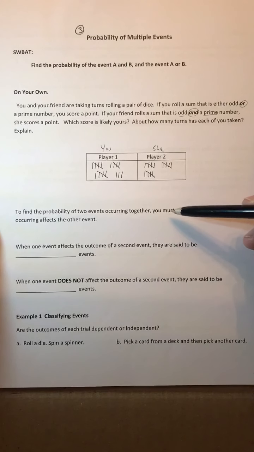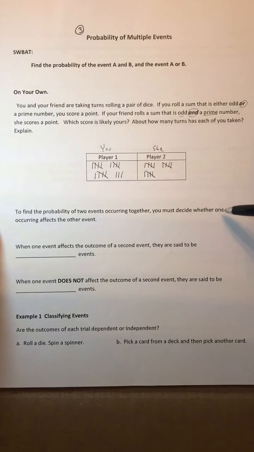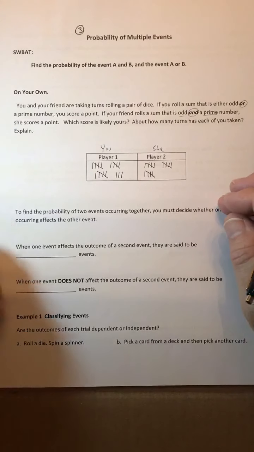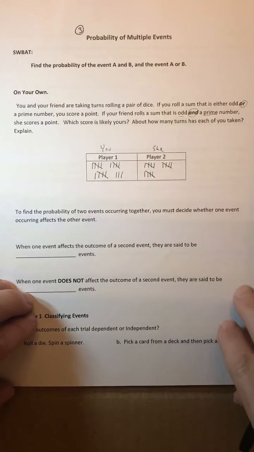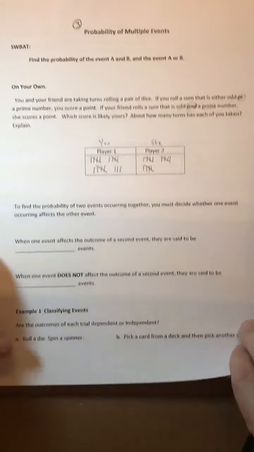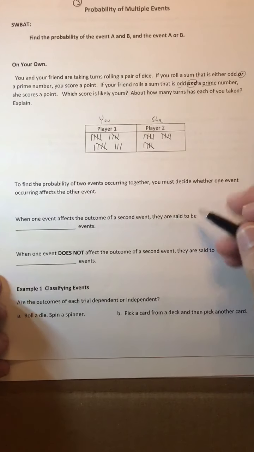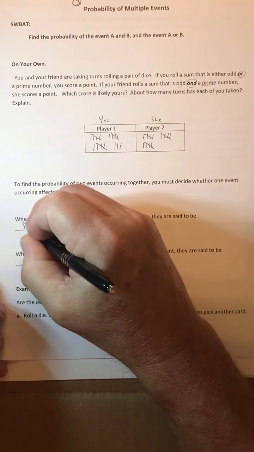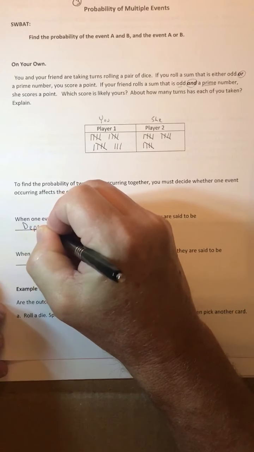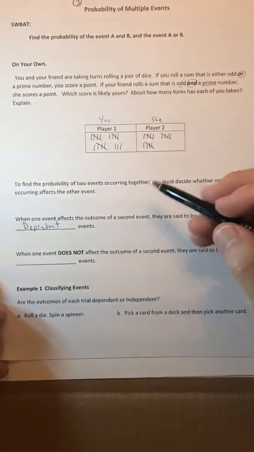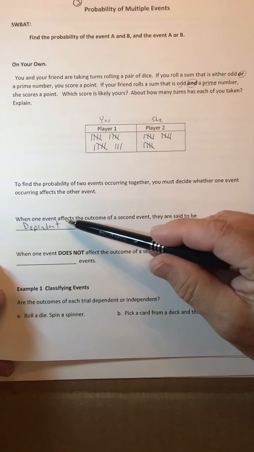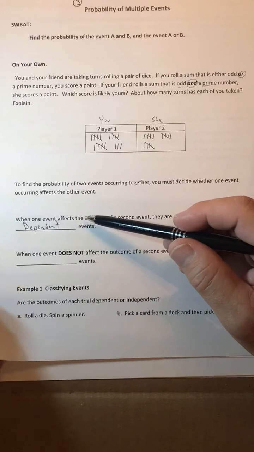Find the probability of two events occurring together. You must decide whether one event occurring affects the other event. When one event affects the outcome of the second event, they are said to be dependent events, because the outcome of the second event depends on the outcome of the first event.